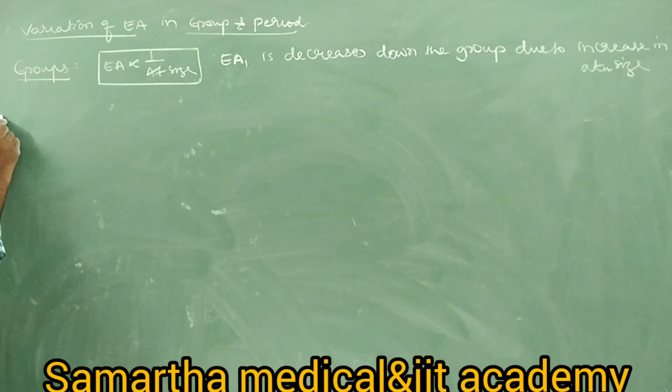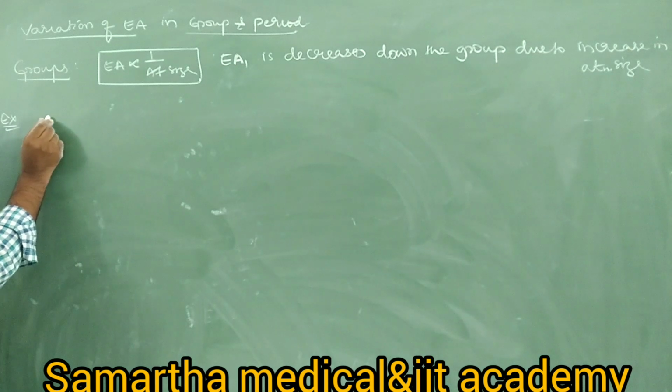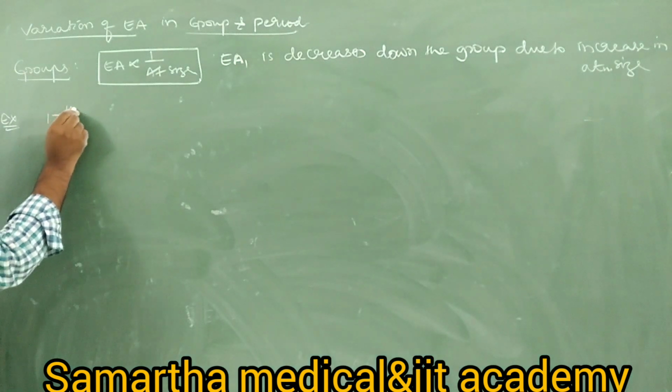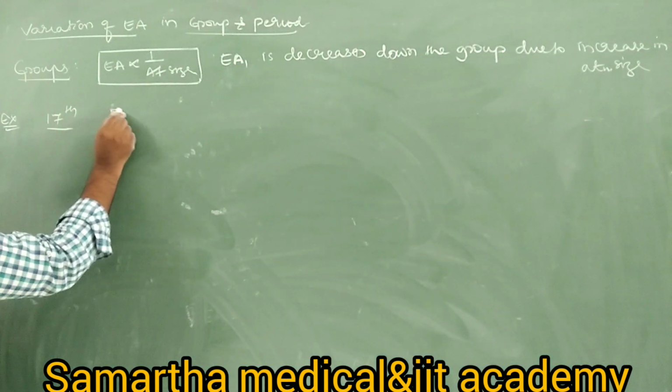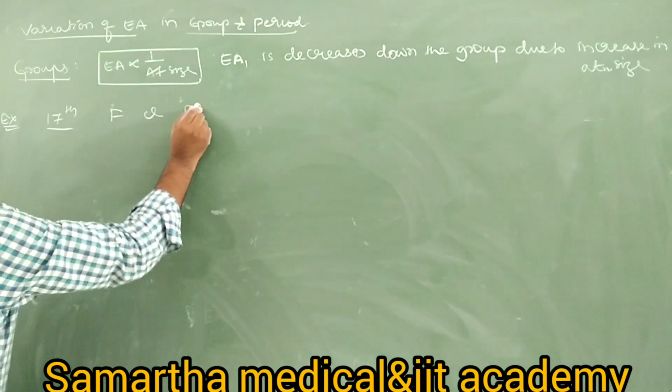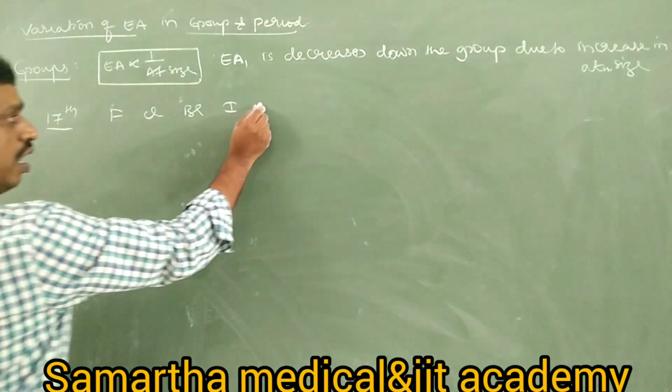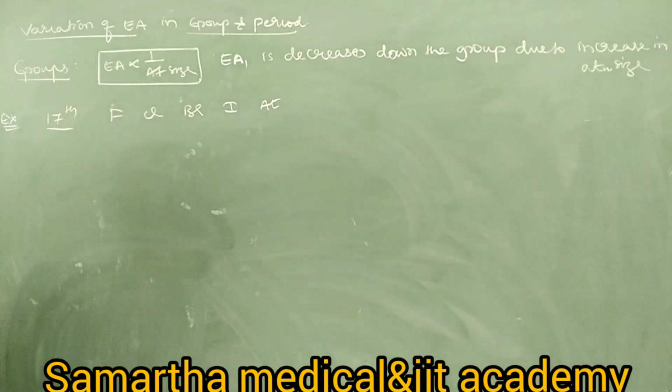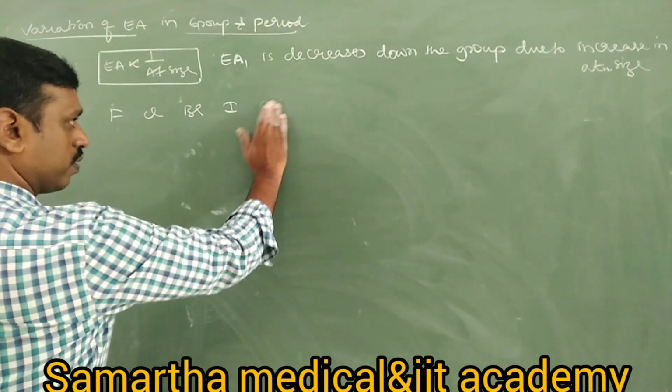But there is one exception. Okay, for example, if you take the 17th group elements, fluorine, chlorine, bromine, iodine, astatine, right? Okay, leave astatine, take iodine only.